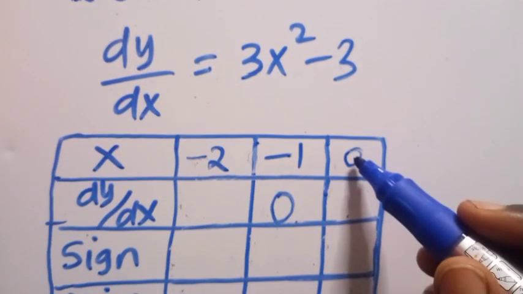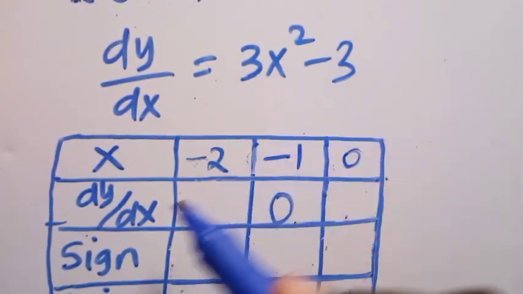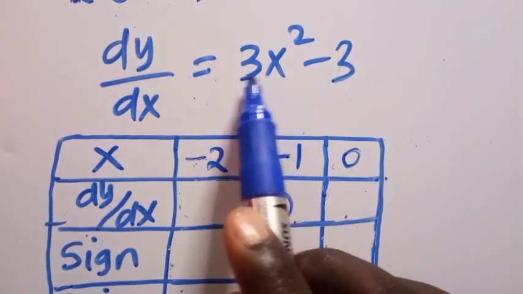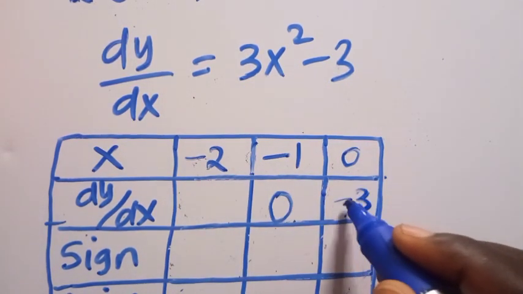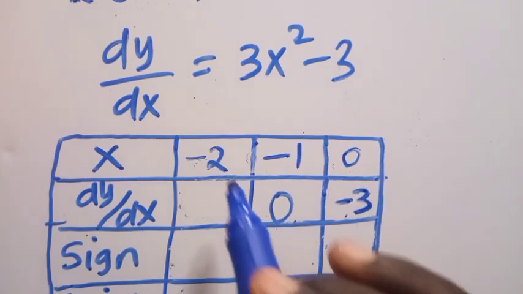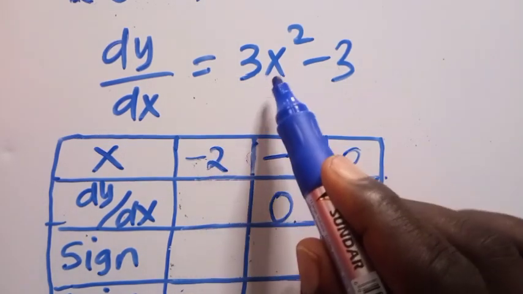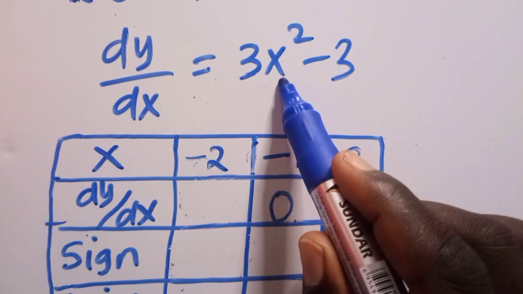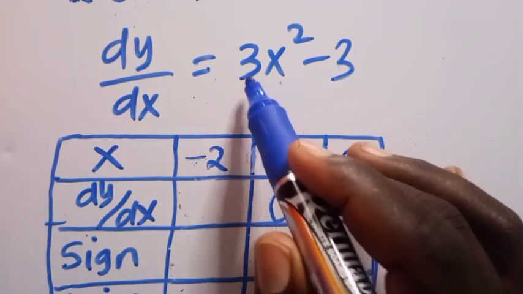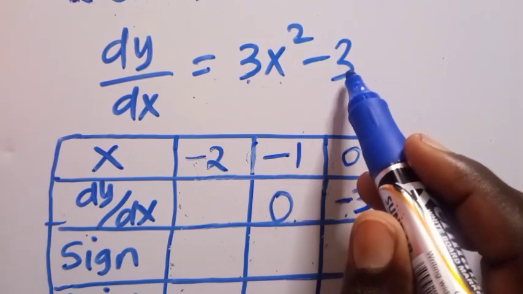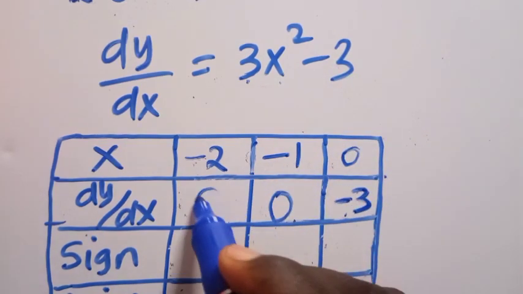And when x is 0, what is dy over dx? It will be 3 into 0 squared minus 3, which is just negative 3. Then when x is negative 2, we shall have negative 2 squared, which is 4 times 3 is 12, minus 3, it is 9.